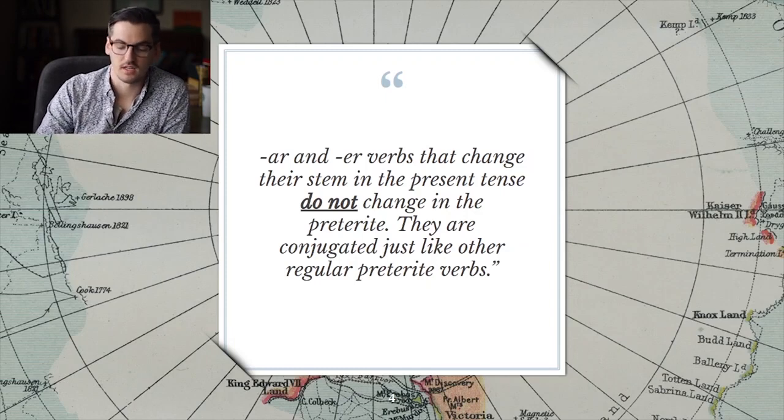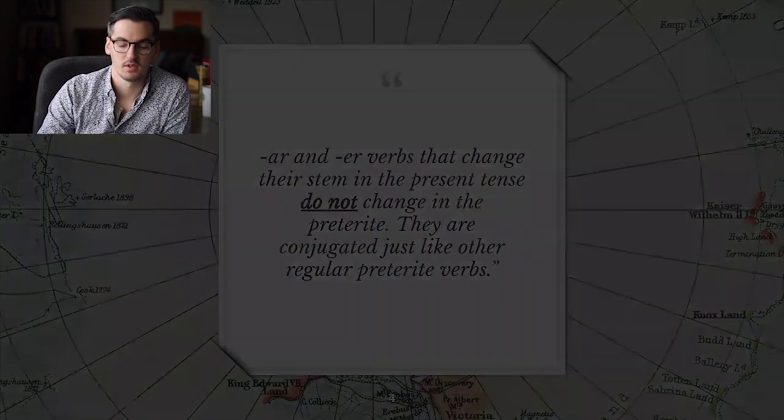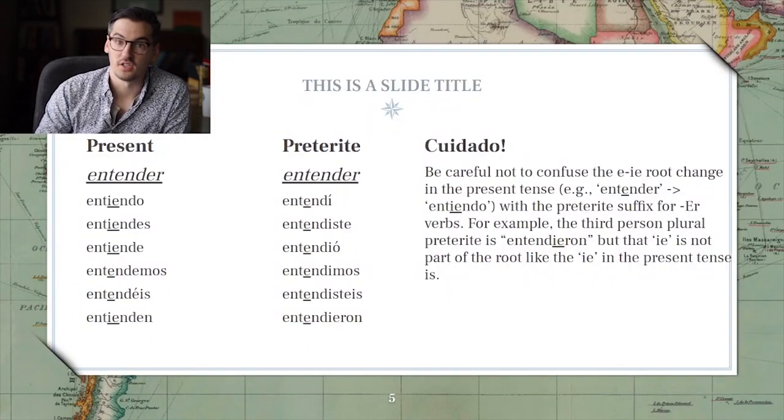And they're just conjugated like other regular preterite verbs by changing the suffix on the end. Notice here, entiendo changes to entendí all the way down, all of them. Even words that didn't have a root change, like entendemos, stays the same, entendimos. And those that did, like entiende, changed to entendió.